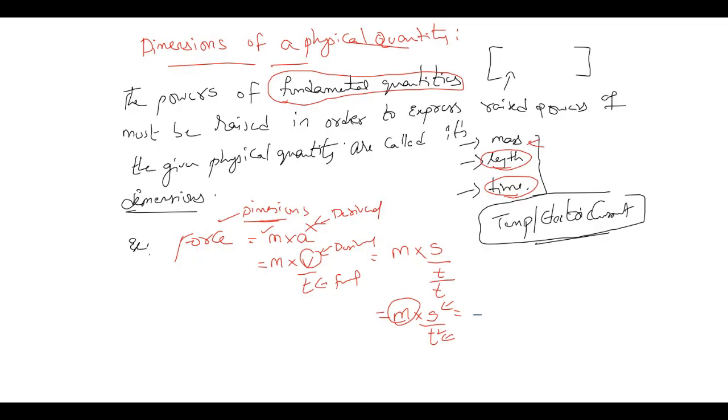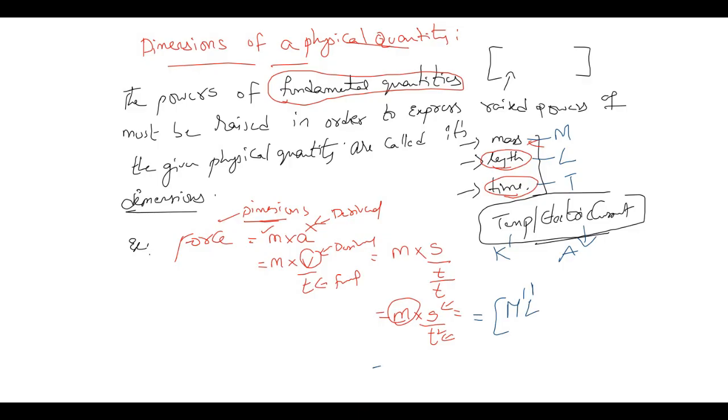Then we have to write this in a bracket. Mass is capital M, only one is there. For mass we represent with M, for length we represent with capital L, for time we represent with T, for temperature we represent with K, for electric current we represent with ampere A. What we know from the previous table, the same we are going to follow here. So M, only one M is there, so M power 1. L means length here, displacement, only one L is there.